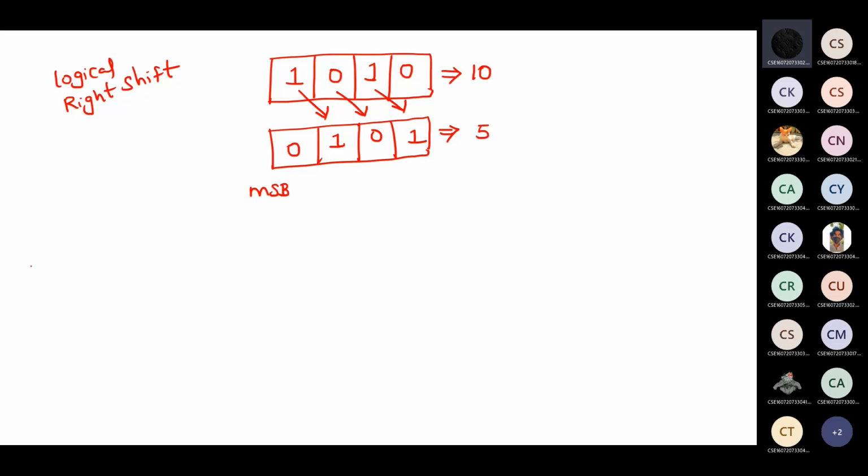Whereas if you did logical left shift for the same question 1010, the answer you got is 0100. Here the given question is 10, but after performing logical left shift by 1 bit position, you are getting the answer as 4. So this is how you need to perform logical left shift and logical right shift.